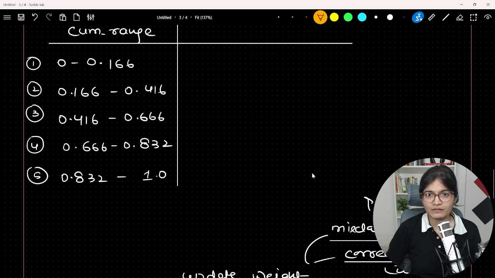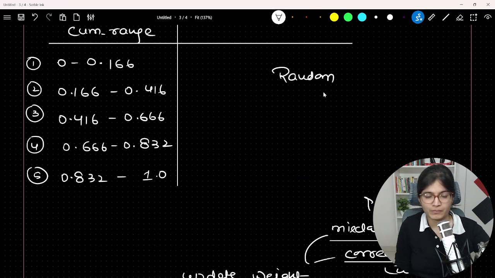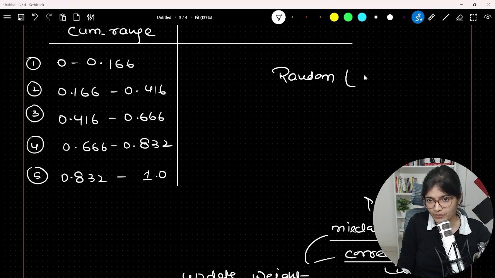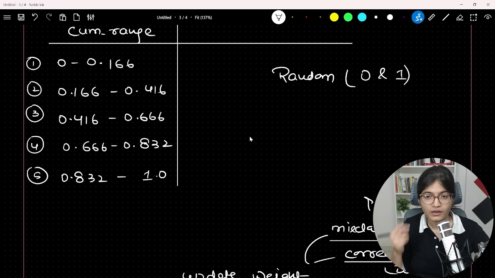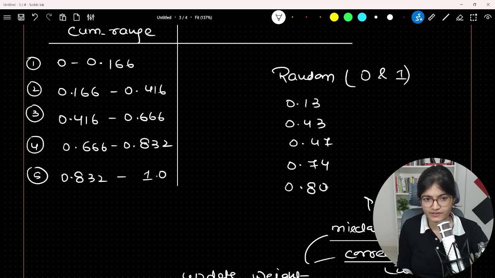For that, we will apply random numbers. We are saying: give me some random numbers in the range from 0 to 1. Let's say we get some random values like 0.13, 0.43, 0.47, 0.74, 0.80.